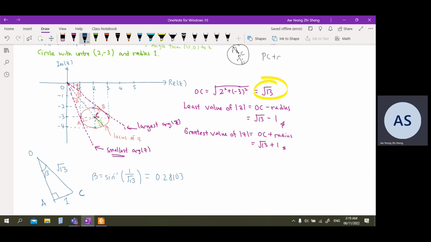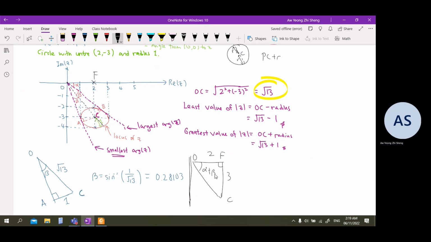Next we can find alpha. To find alpha, I will call this point at x equals 2 point F. We'll use the right angle triangle OFC, where OF is 2 units, FC is 3 units, and angle FOC is alpha plus beta.